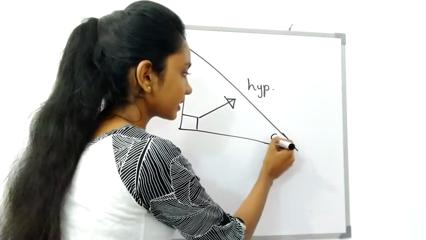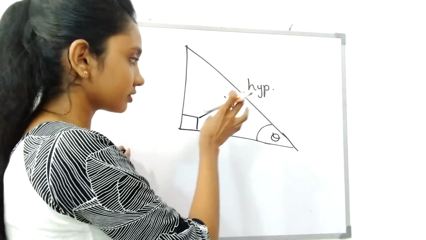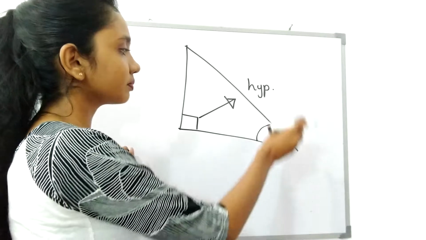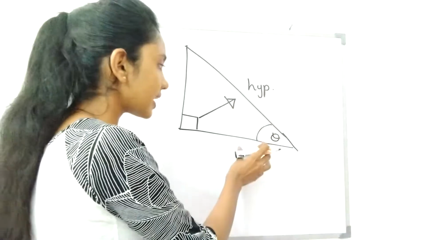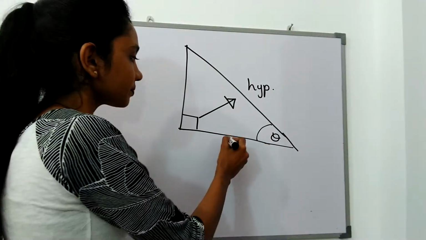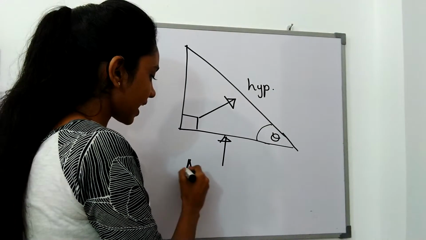Let's consider this angle as theta. We are applying trigonometric ratios by considering this angle. If we consider this angle, this side we are naming as the adjacent side.